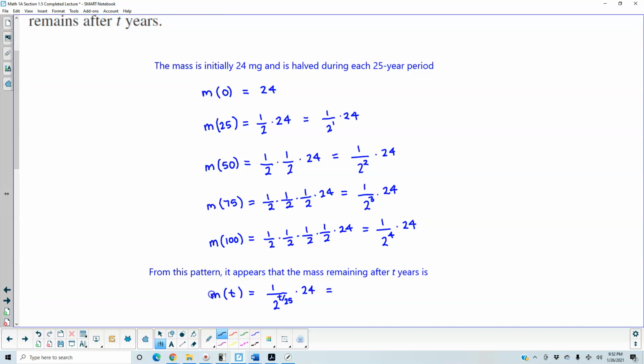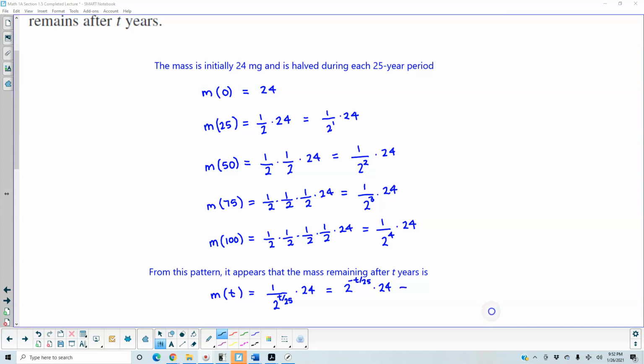Now, we don't want to leave that in the denominator, so we want to write that as a variable raised to a negative power. So we're going to end up with 2 to the power of negative T over 25 times 24.